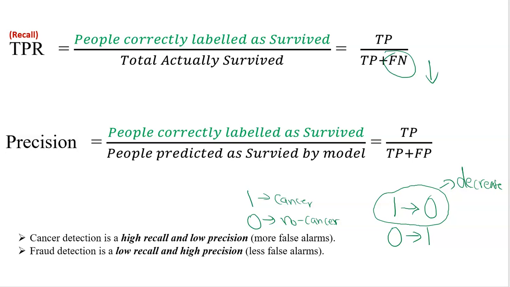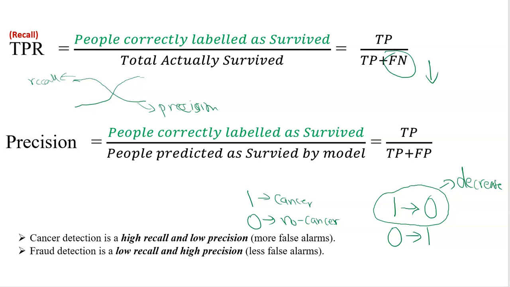And there is a trade-off between precision and recall. If you look at the graph, let's say we change the parameter called the threshold. The graph goes like this. Let's say this is recall, and this is precision.